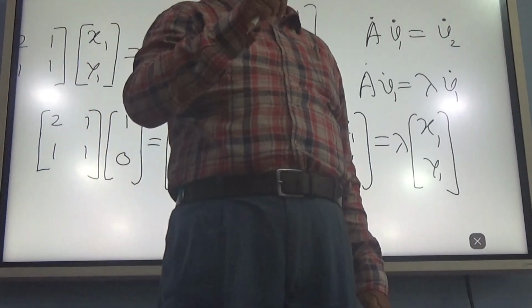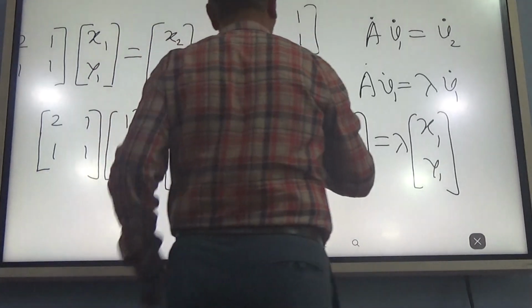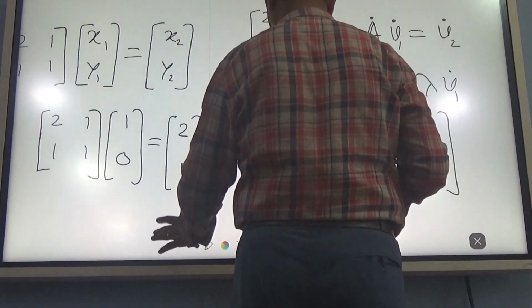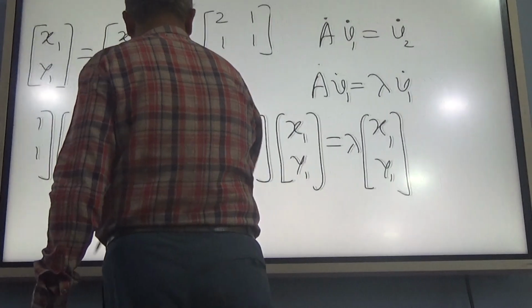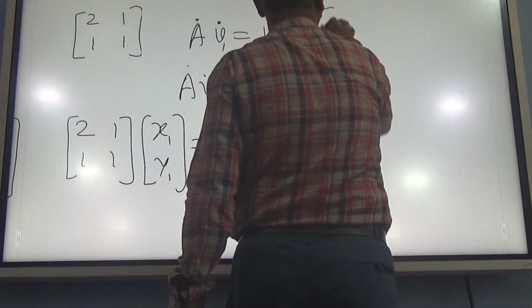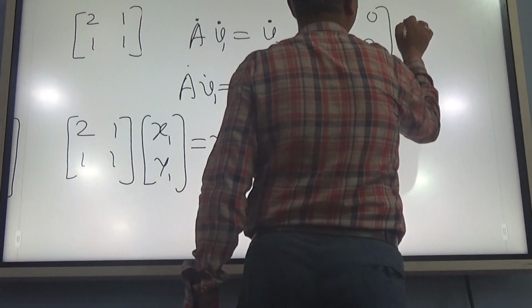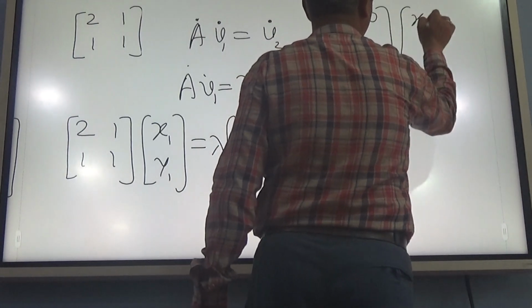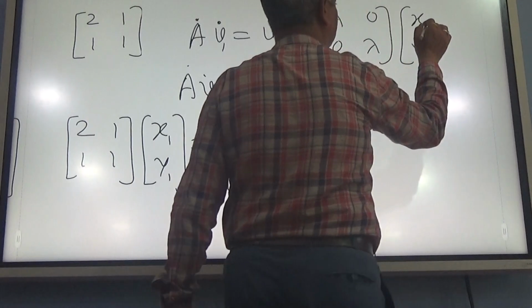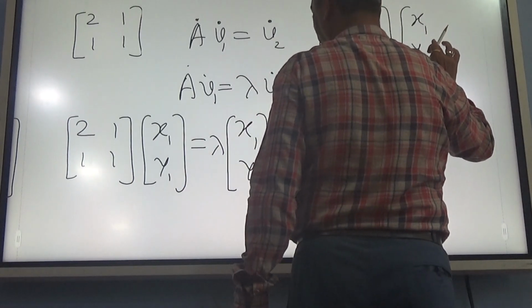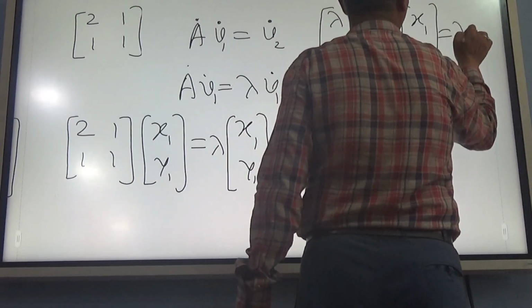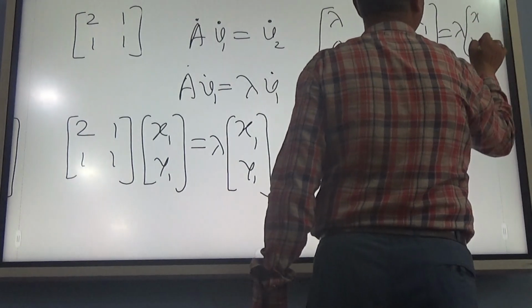So lambda 0 0 lambda into (x1, y1) is equal to lambda (x1, y1), right?